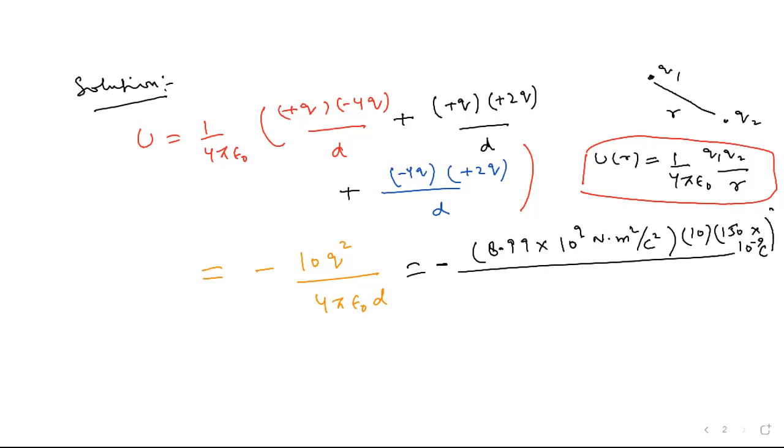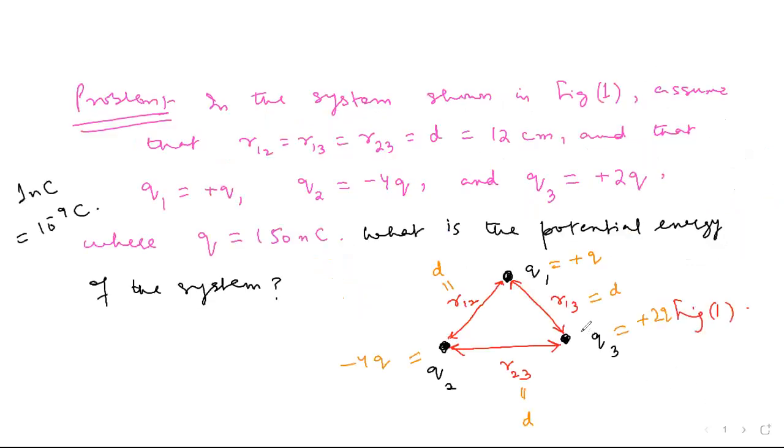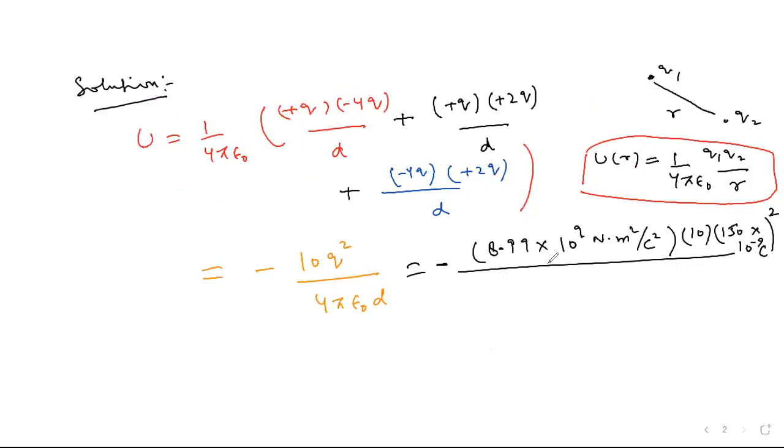Then I have square, right? And d is 12 centimeters, which I convert into meter, that is 0.12 meter.